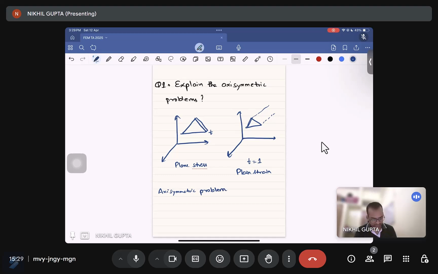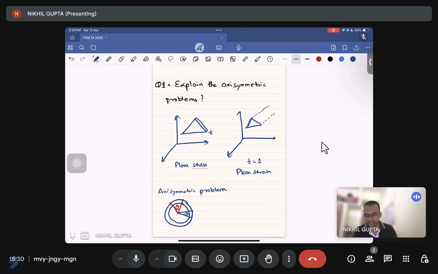In the axisymmetric problem we have an object which, if you see at different angles, gives us the same geometry. Let's assume this is the top view and this is the center point of it. Whenever you see a theta, the geometry is the same here also, and the same here also.